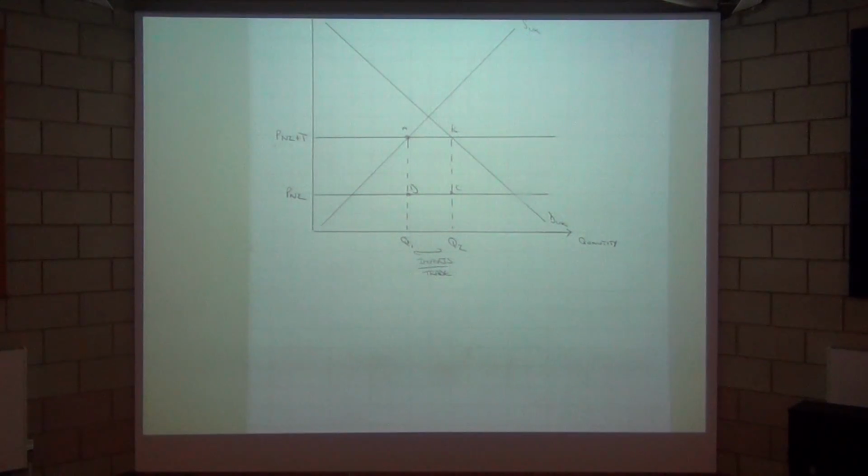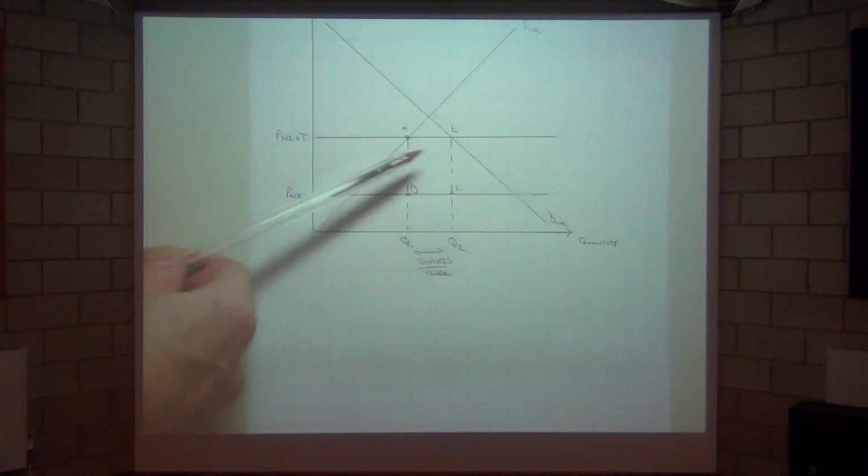Now, of course, a tariff is a tax. And who collects the tax? The government collects the tax. And so the vertical distance, which is the difference between PNZ and PNZ plus T, that is the tax. The difference between Q1 and Q2 is the size of the imports, or the quantity of the imports.